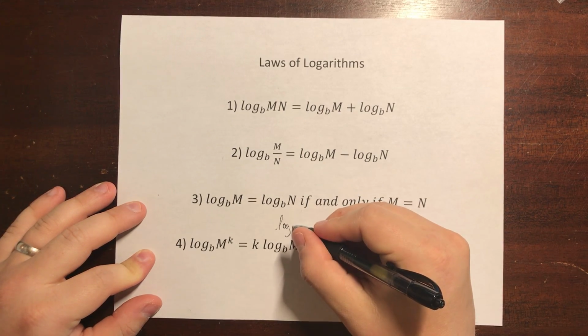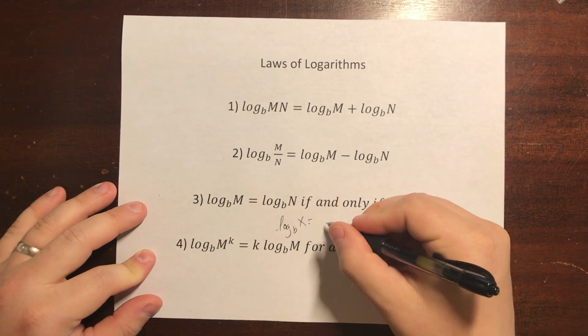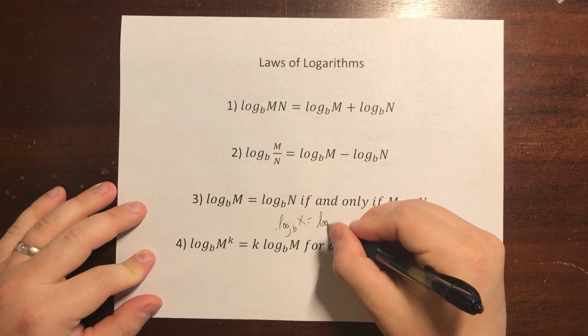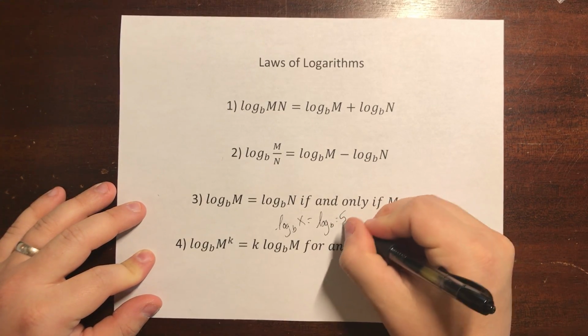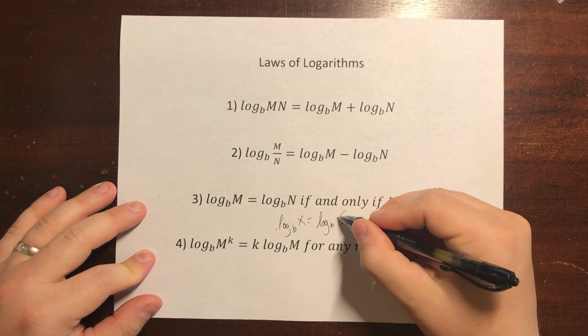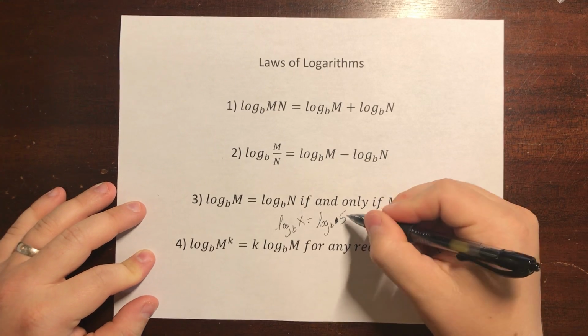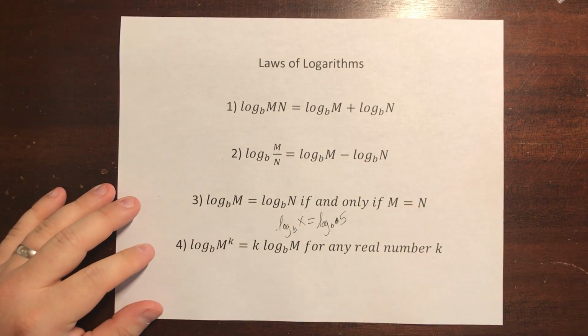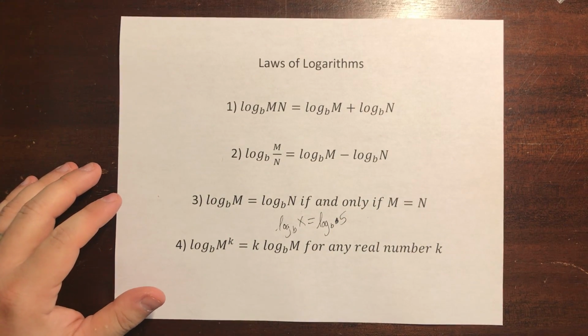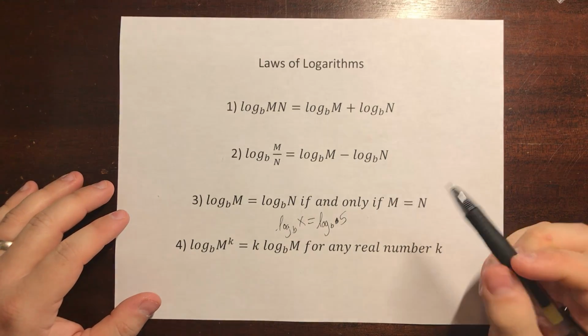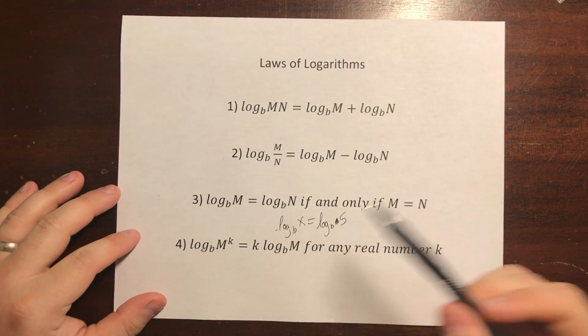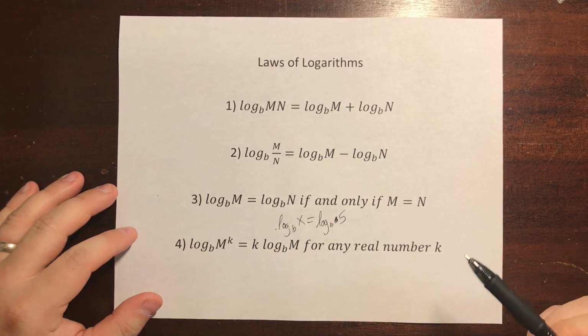This one is really more important whenever we're talking about log base b of x, say, is equal to log base b of 5. Ignore that one, that was a mistake. A little out of practice, it's been a while. So log base b of m equals log base b of n.